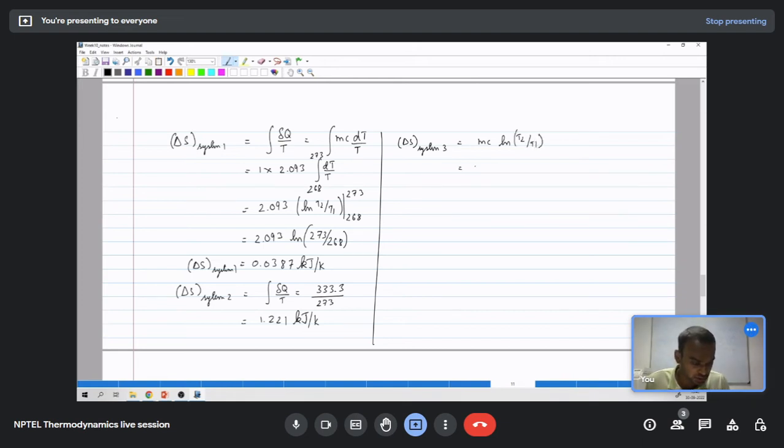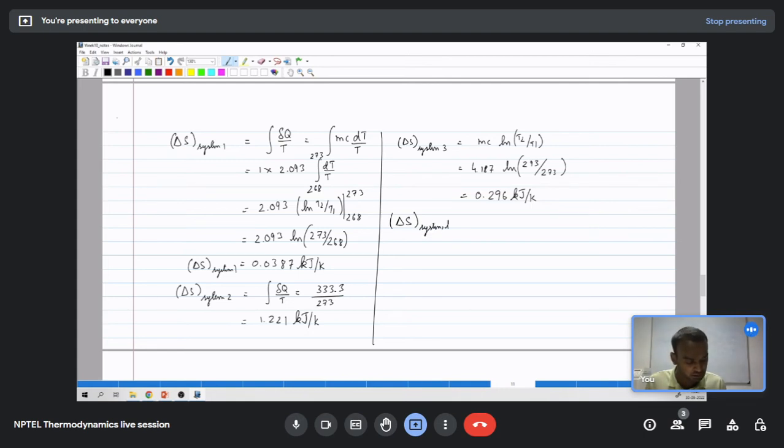Here m is 1, c is 4.187 for the water, and in ln of T2 by T1, final temperature is 20 degrees Celsius, which is 293 Kelvin, divided by T1, the initial temperature, which is 273 Kelvin or 0 degrees Celsius water. So this becomes 0.296 kilojoule per Kelvin.